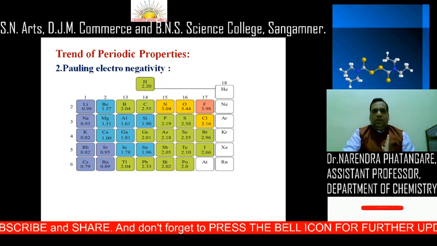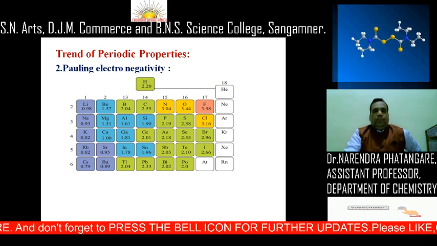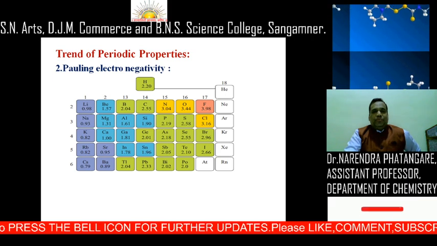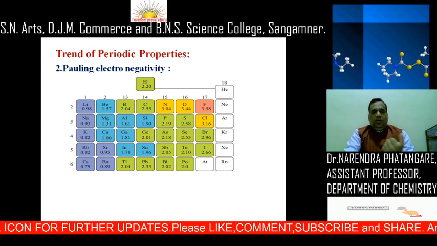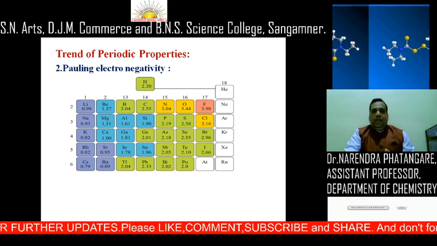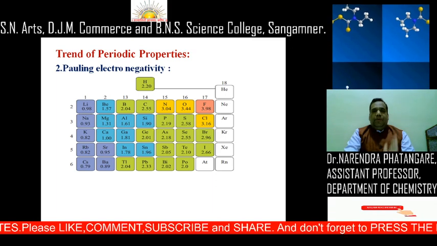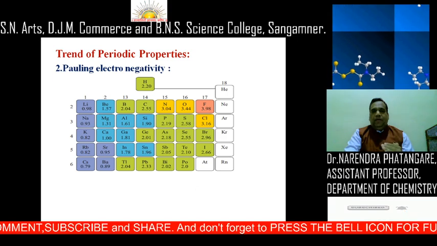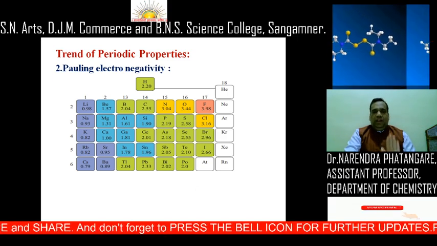While in the column, for lithium it is 0.98, then 0.93, and abnormally again sodium has more. Then rubidium 0.82, and cesium 0.79. That means from left to right it increases steadily, but from top to bottom it does not decrease steadily. Sodium shows an abnormality, and the others are slightly less.